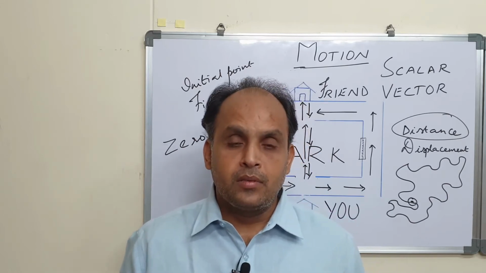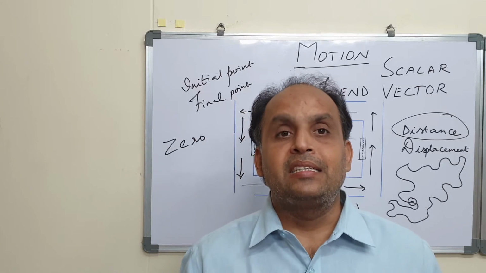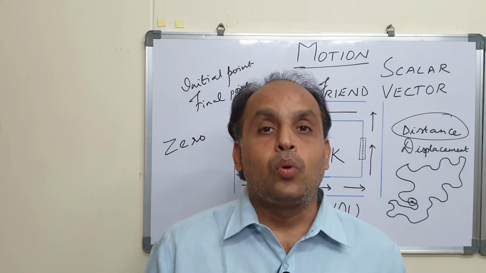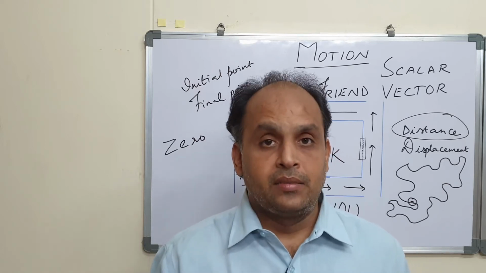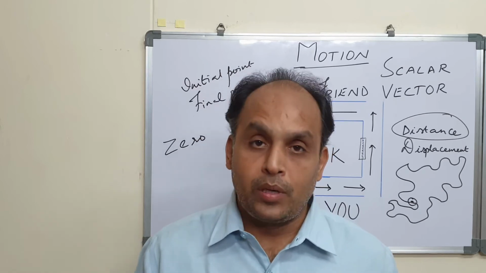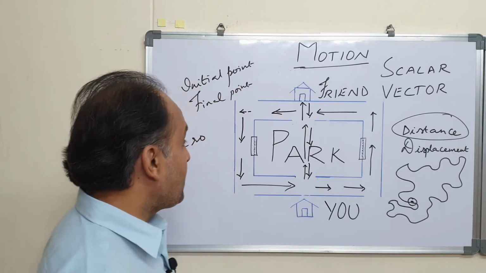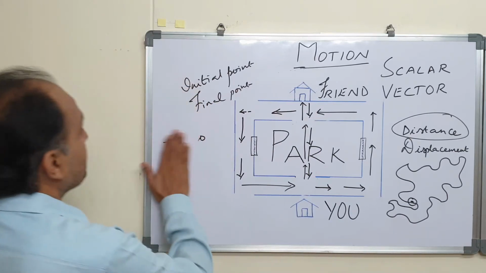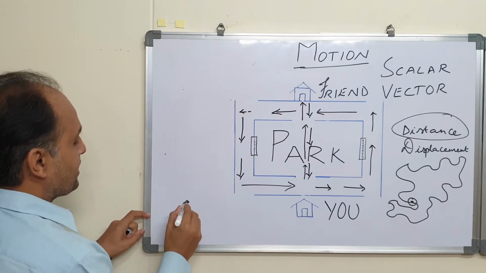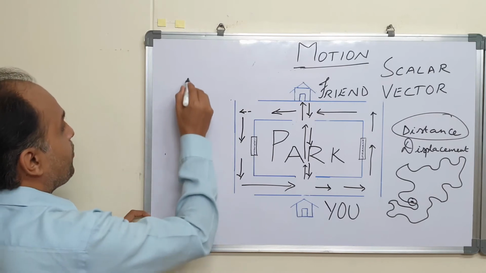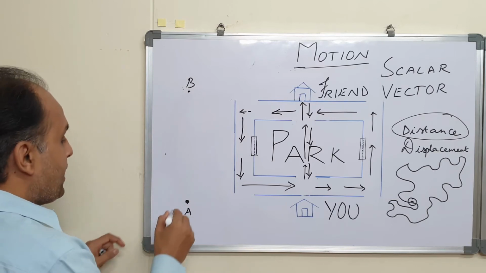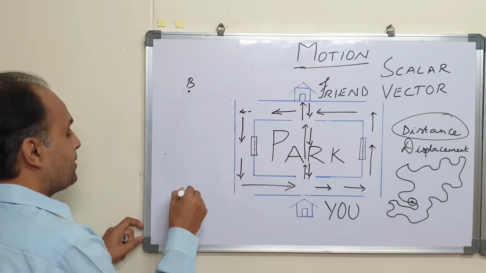Okay? So, from this statement you should understand that there can be a case where distance and displacement are equal. Now, when is that going to happen? When will distance and displacement be equal? Let us see an example for that also. Okay? Now, let us suppose that there are 2 points. There is a point A over here and there is a point B over here. Let us suppose that a body has moved from this point to this point in this manner.